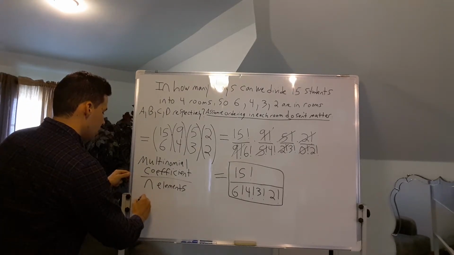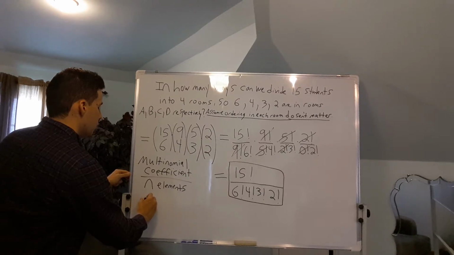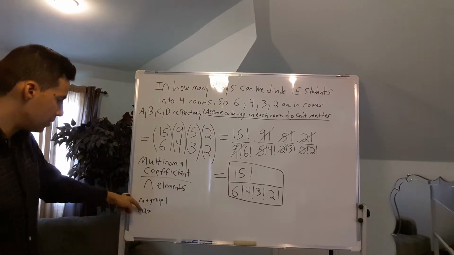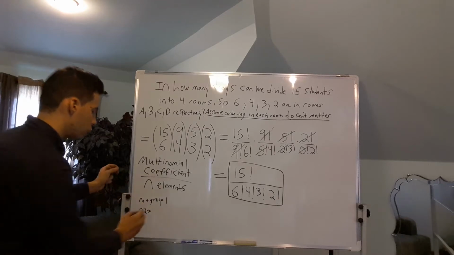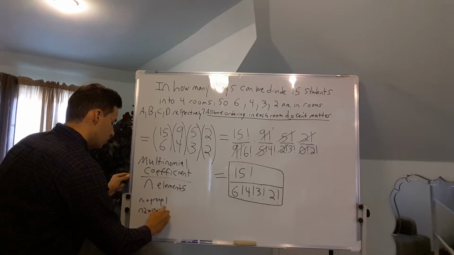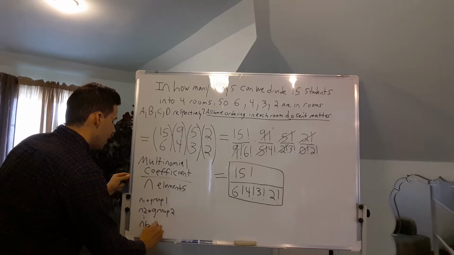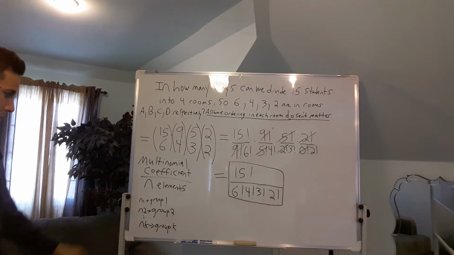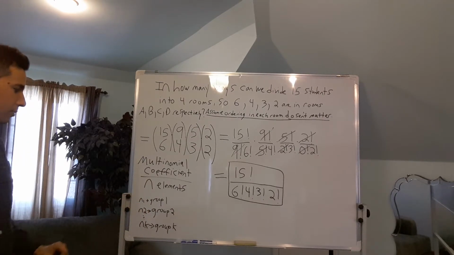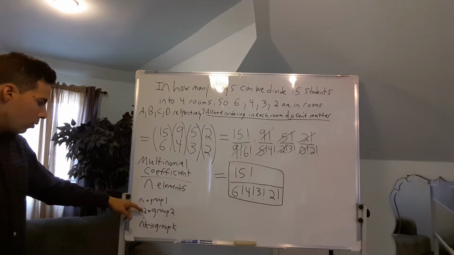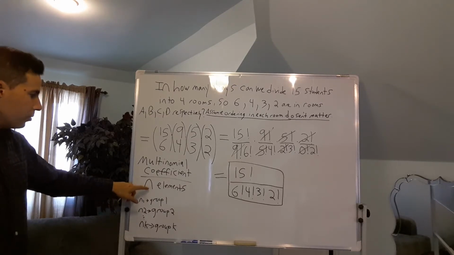So let's say n1 is going to be in group 1, n2 is the number going to be in group 2, and so forth, up to nk you're going to place in group k. So we're splitting them up into different groups. And n1 plus n2, all these numbers of people add up to n.